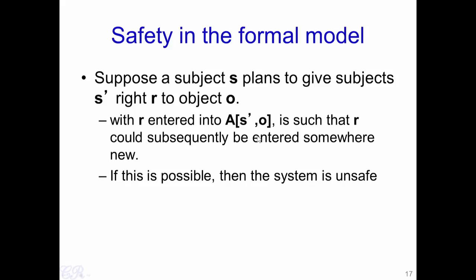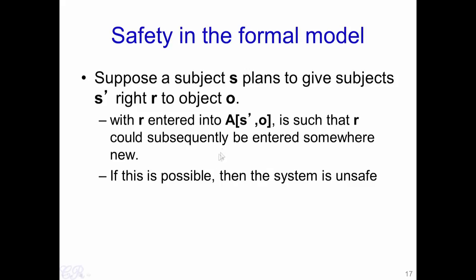Suppose a subject S plans to give another subject S prime the right R to object O. With R entered in A[S prime, O], that is, with the new right added to this particular cell of the matrix, is it possible that R could subsequently be entered somewhere else in the matrix A?